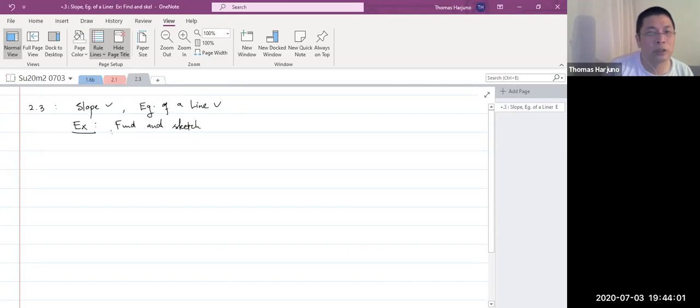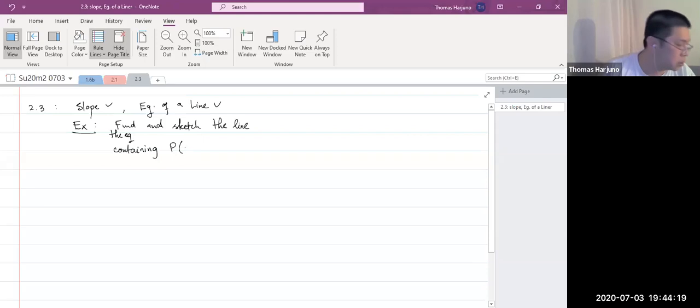Find the equation and sketch the line containing P is (2, -3) with slope equals to, let me pick some ugly number, -3/4.